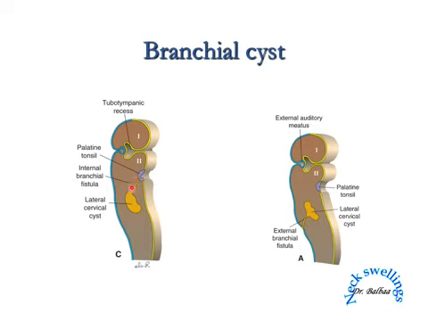So this tract will pass between the external carotid artery that is derived from the second arch and the internal carotid artery that is derived from the third arch. So this is what's called the branchial cyst.